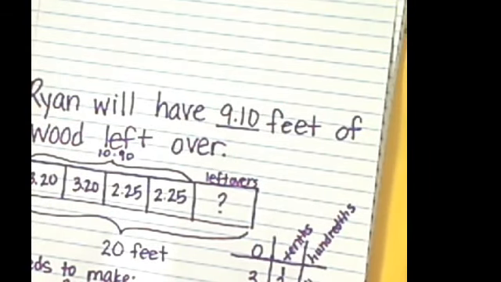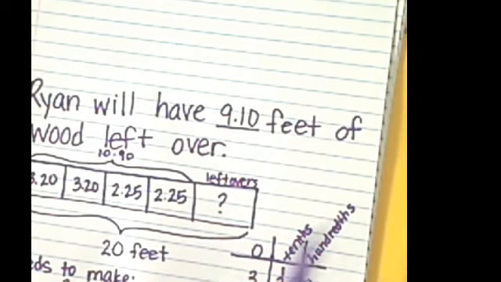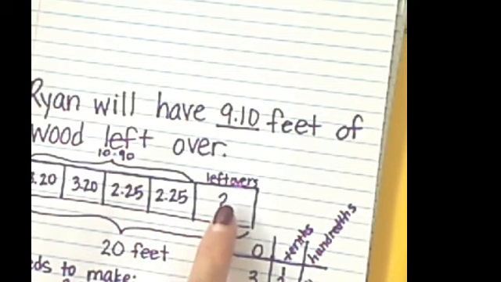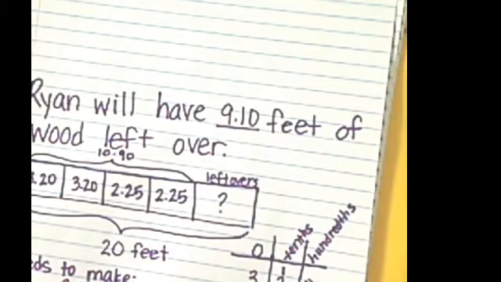And that's it. So it seems complicated, but after you make the model, you can see everything. You know how much he's going to use for the frame. You know you've got to find what's left over. And once you get here, you can fill in your sentence frame and then you'll be done.